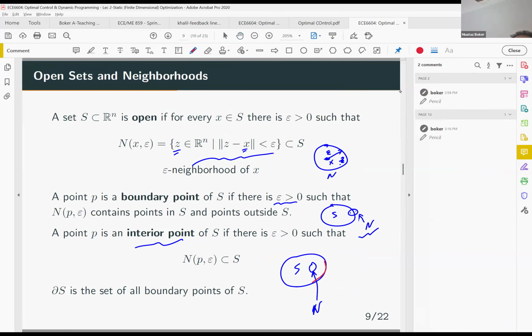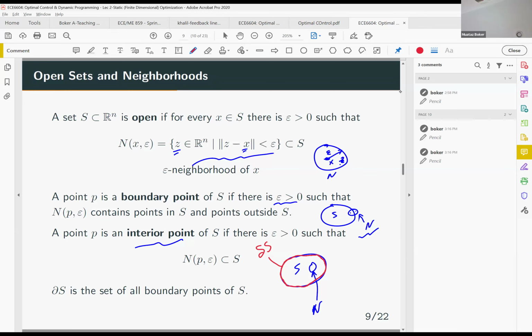So this is the boundary points. So this one here is the delta S. So this is the boundary of the ball. Boundary is the set of all boundary points of S, and this is the interior.